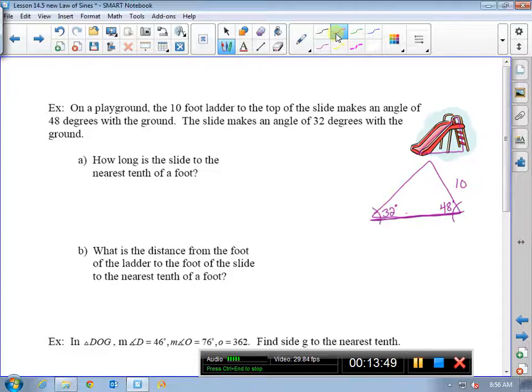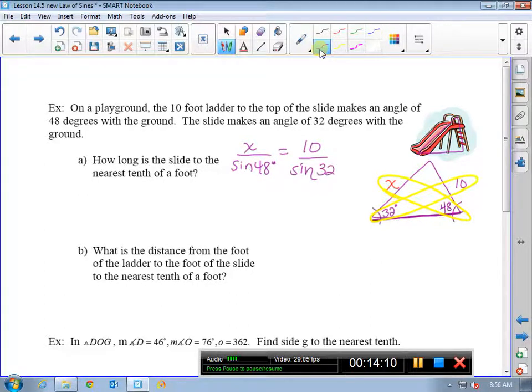So the first question is to find the length of the slide. So, do I have an angle across from a side, angle across from a side I need? Yep. Law of sines here. X is to the sine of 48 degrees as 10 is to the sine of 32 degrees.